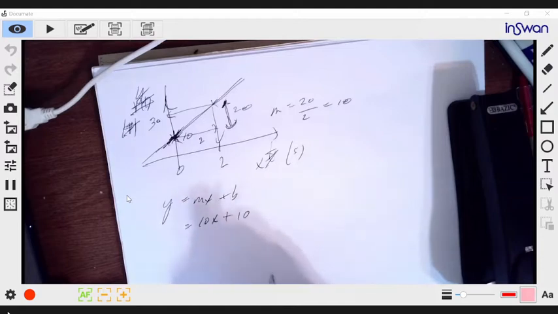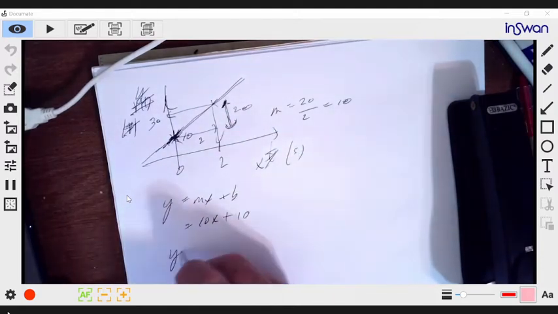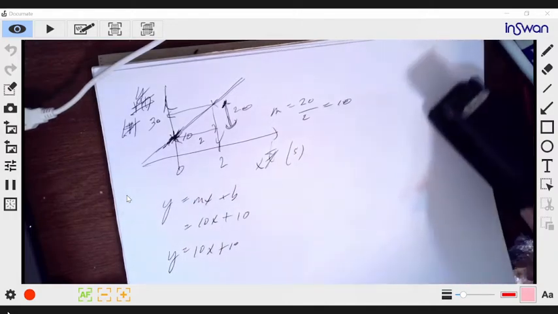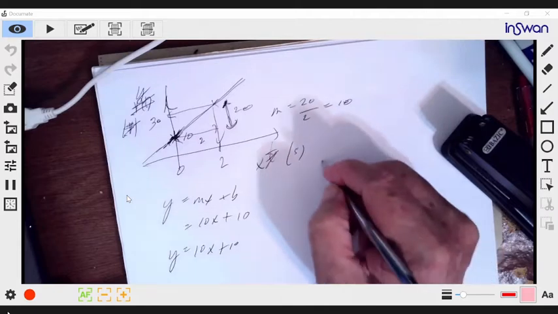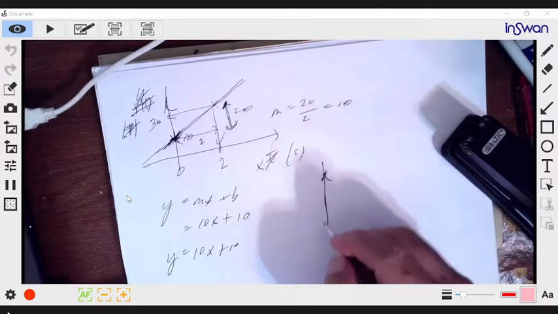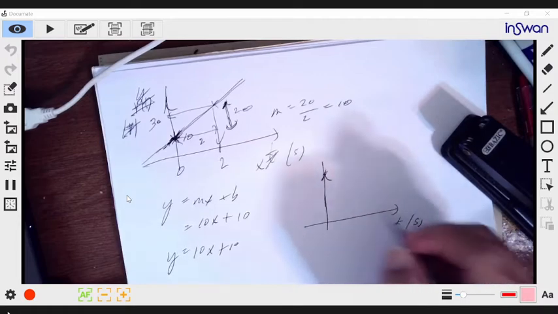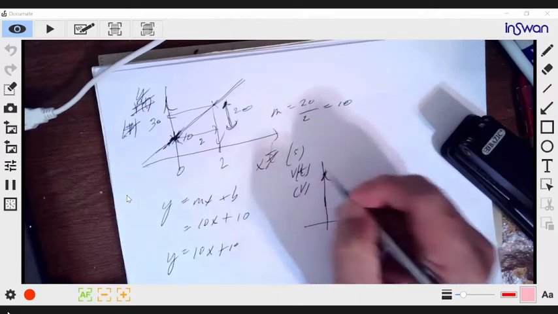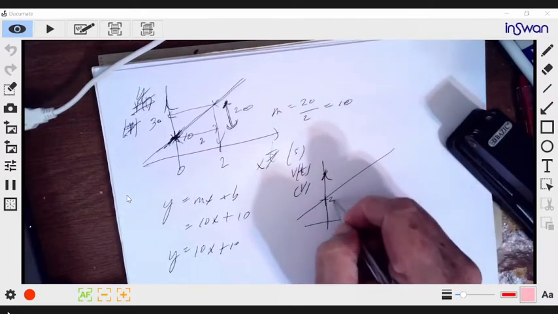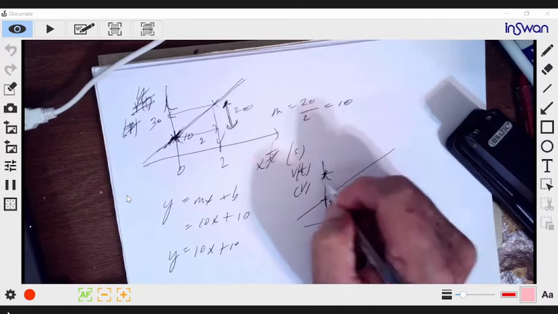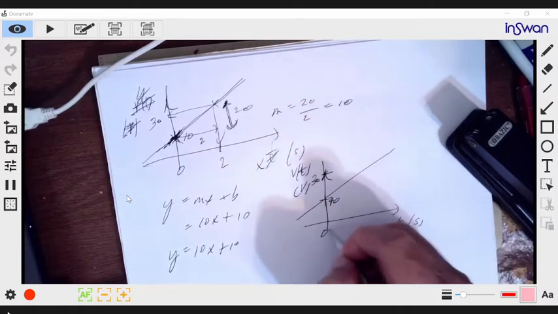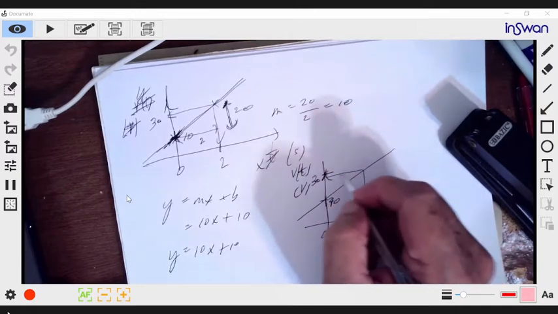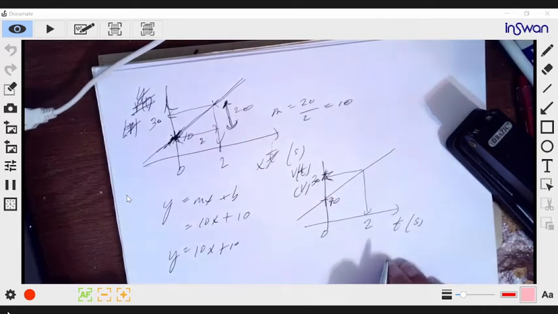Okay, so this is the equation of a straight line: y equals 10x plus 10. But in this class, we're not dealing with that. We're dealing with t, with v of t or i of t in volts. This is 10, this is 30, this is 0, and this is 2.